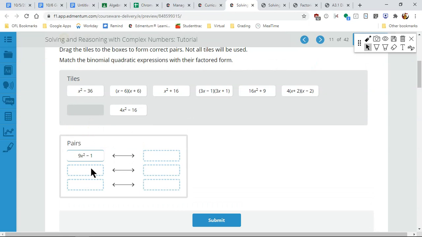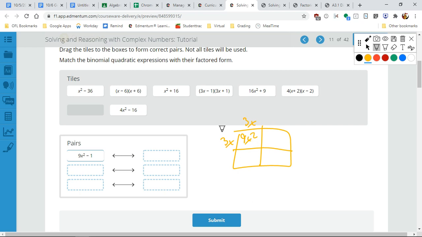When it's a difference of squares, these ones are very factorable. If we did a box method, it's this idea that this is a 3x, this is a 3x. We want this -1, so we can do a +1 and a -1. And what happens here is these x's cancel out.